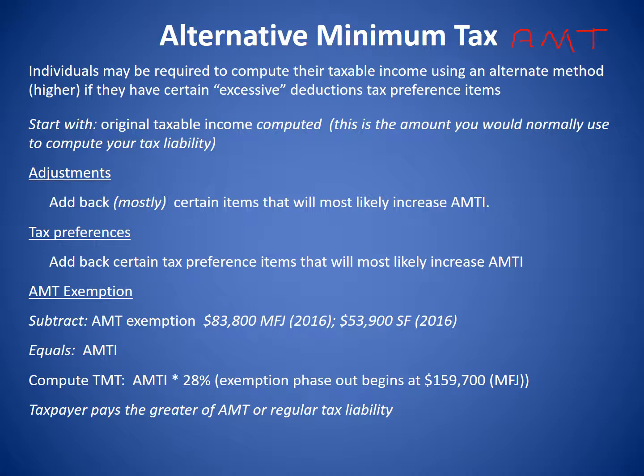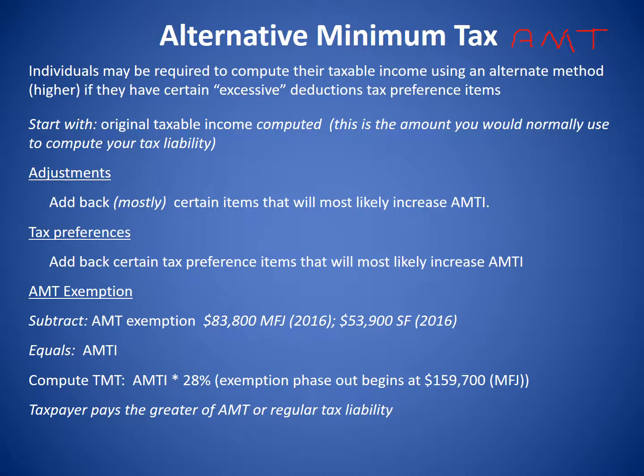And what's happened is that in the past, most rich taxpayers have found additional schemes, and now the AMT is affecting even people in income ranges which it had never intended to affect.